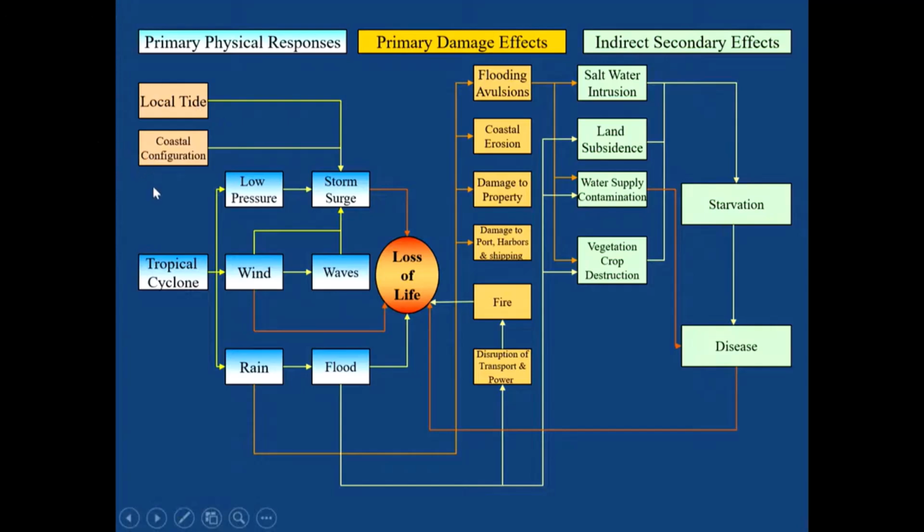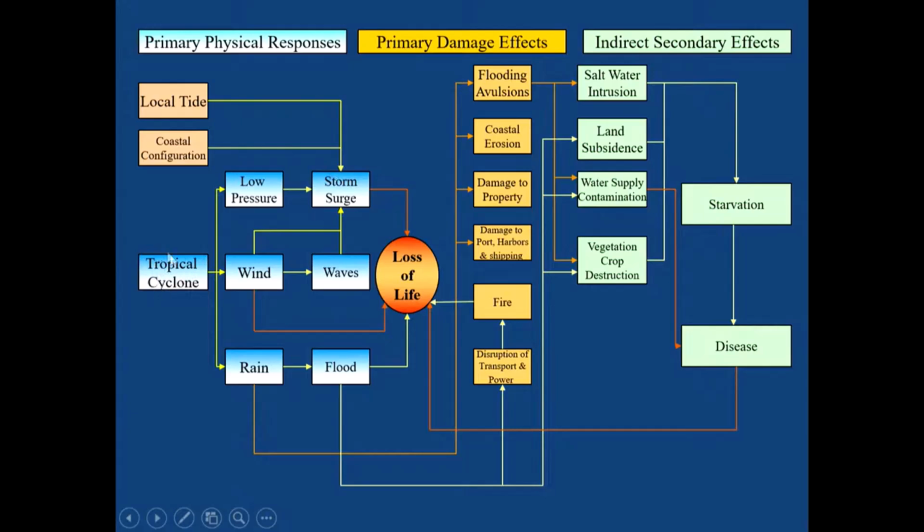And the coastal configuration, what you have already seen, if it is a gently sloping beach, then the storm surge water will easily enter the coastal villages, and it will wash away houses, property, livestock, etc. That's why the coastal configuration and local tide time are the most important parameters for the effect of storm surge.